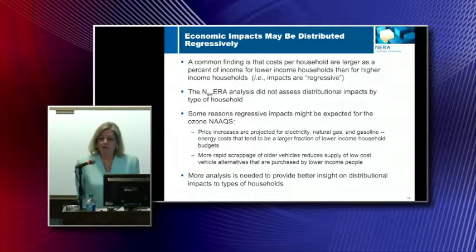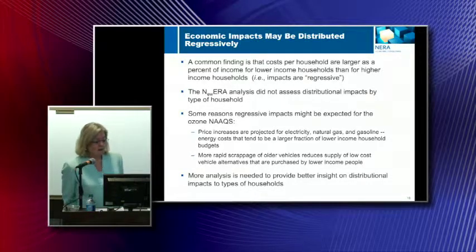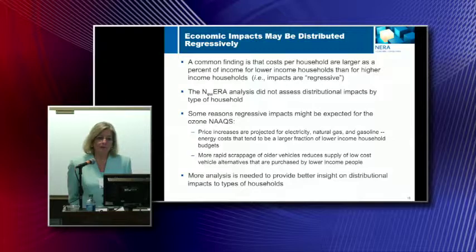Other models can do this, and when I say it's commonly found that the results are regressive, that comes from other models that have that detail of income groups in them. There are reasons to expect that to be true. So at this point, I'm not talking about our results, but about economic impacts generally. As I said, energy costs tend to be a larger fraction of lower income households' spending, and that's one of the main reasons to expect it.